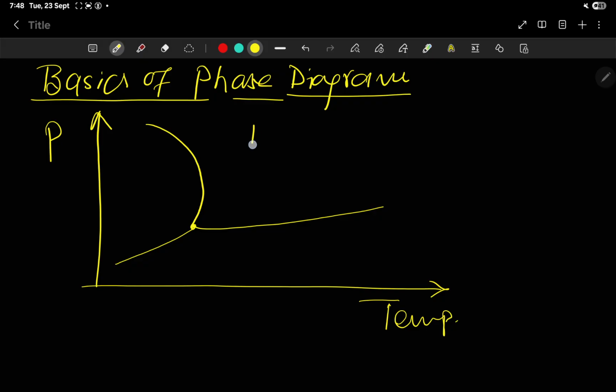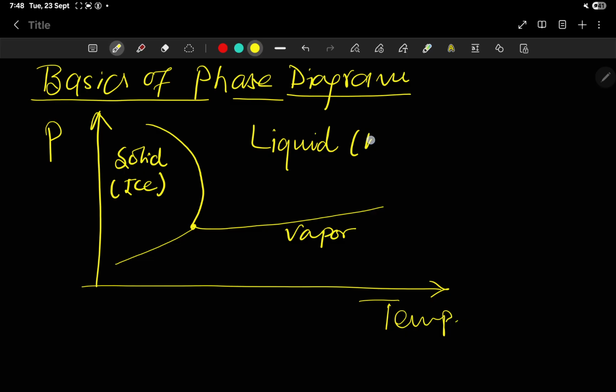Here it will be liquid, here it will be vapor, and here it will be what? Solid, that is ice. This is liquid, means water. This is vapor, means steam.